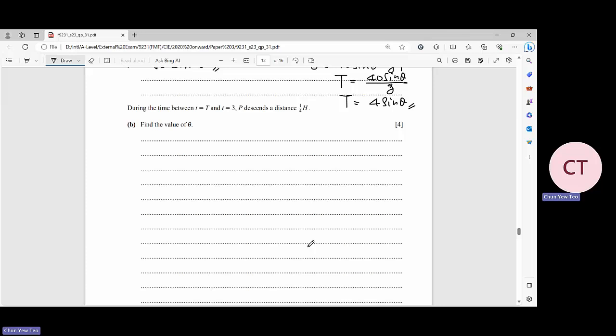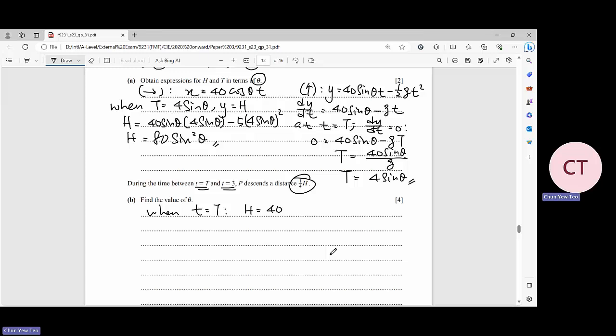part B. During the time t equal to t and t equal to 3, so you have two different times. The height descends a distance of half of the h. So when t is equal to t, this is from the result that we have earlier. The height is actually 80 sine squared theta.